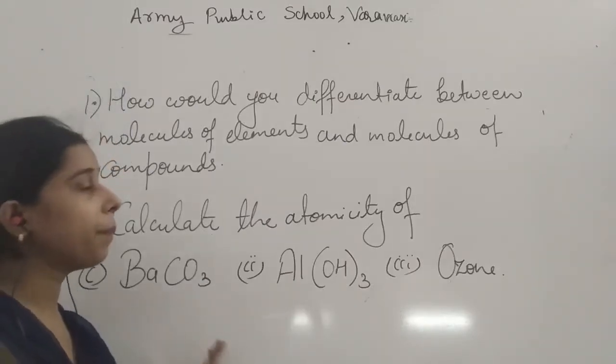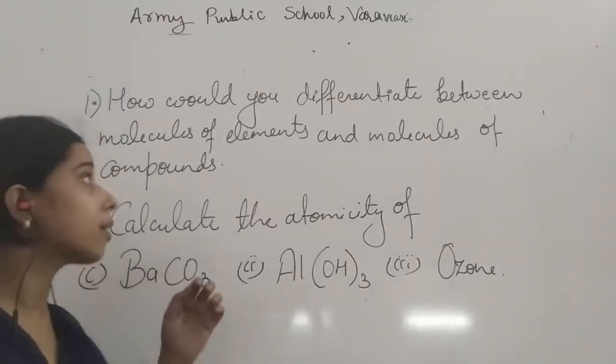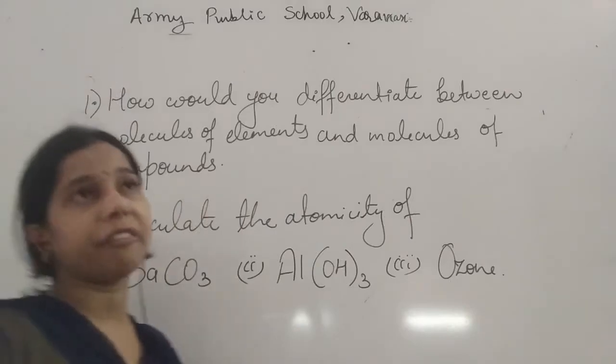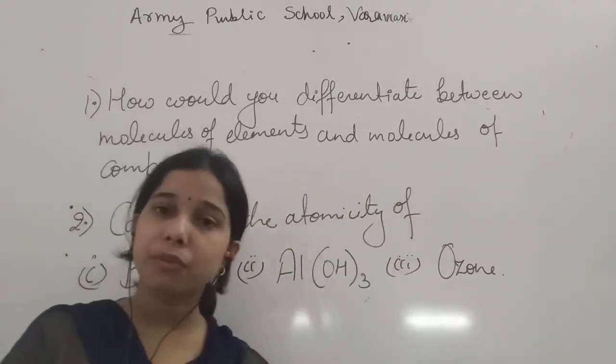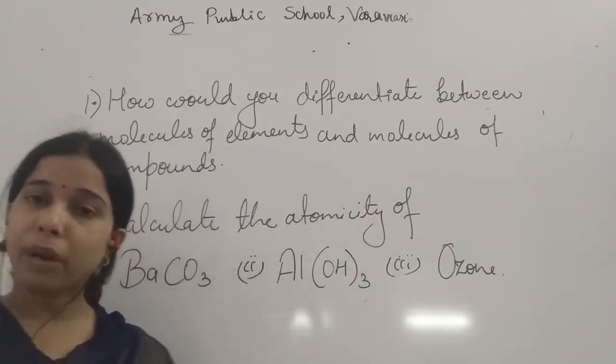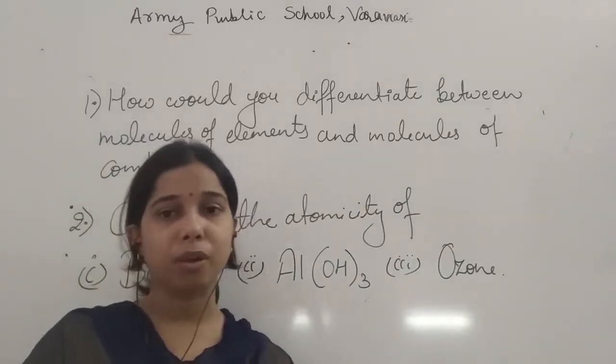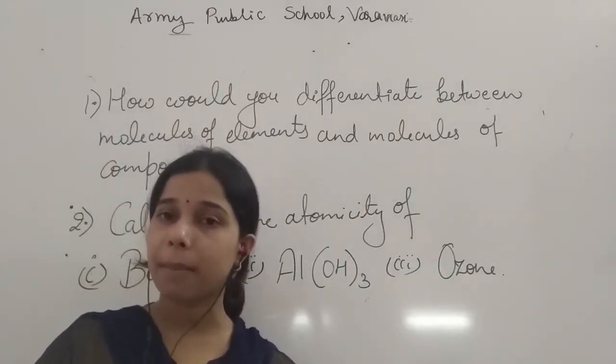Now you see here, student, most of the time this question is asked: how would you differentiate between the molecule of an element and the molecule of a compound? So right now we discussed the molecule of an element and the molecule of a compound.